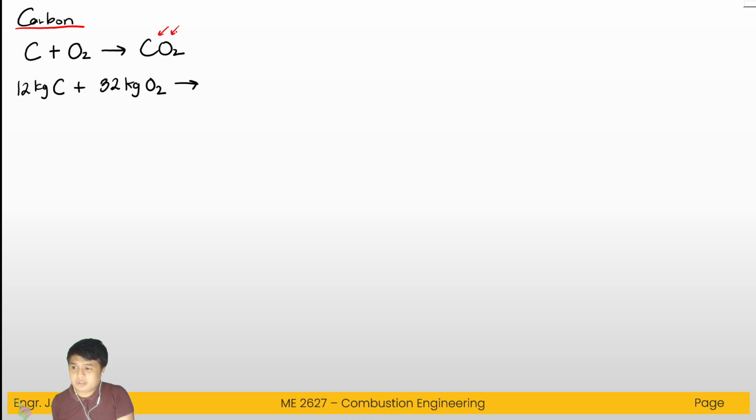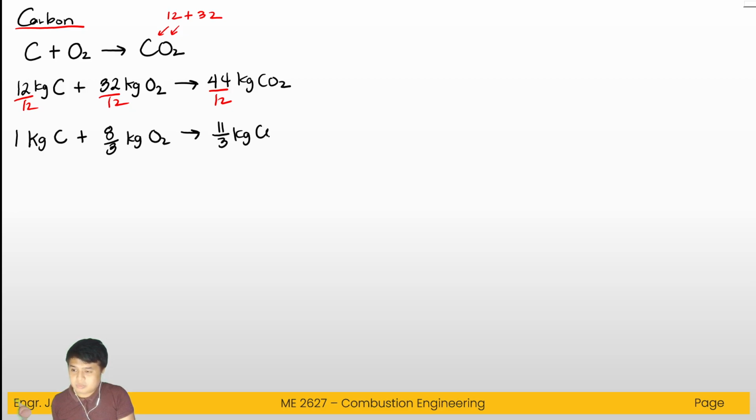We can find the molecular weight by adding this. You have 12 plus 32, so you have 44 kilograms of carbon dioxide. To think of this, if you want to combust 12 kilograms of carbon, you need 32 kilograms of oxygen. If you divide this by 12, you find that this is just 1 kilogram of carbon plus 8/3 kilograms of oxygen, and then you have 11/3 kilograms of carbon dioxide.